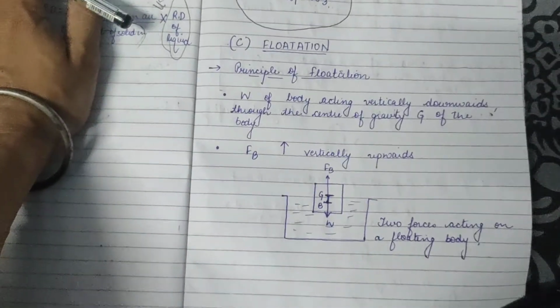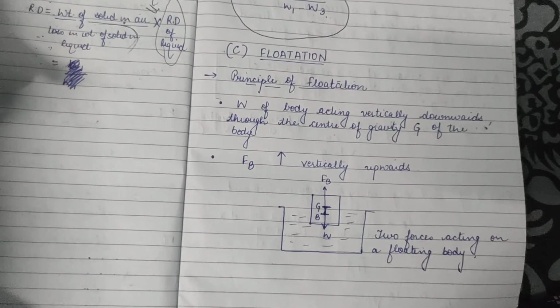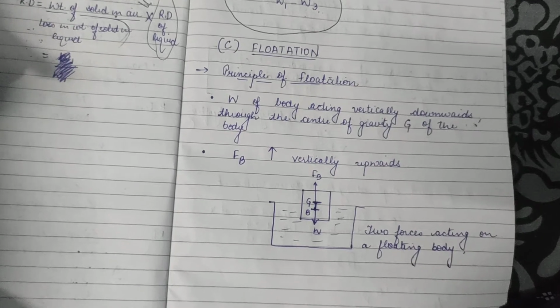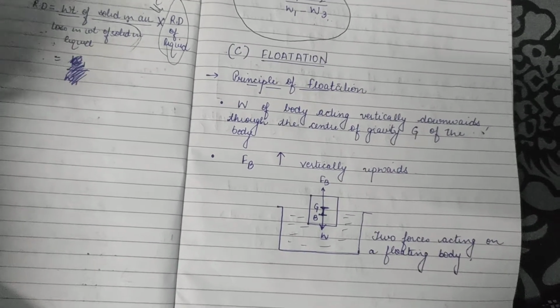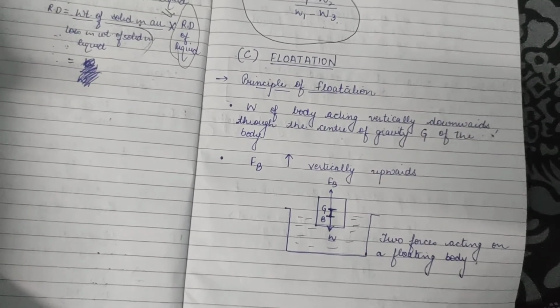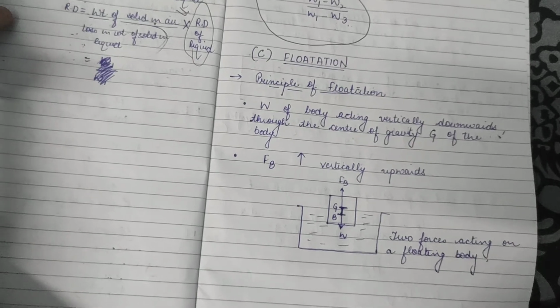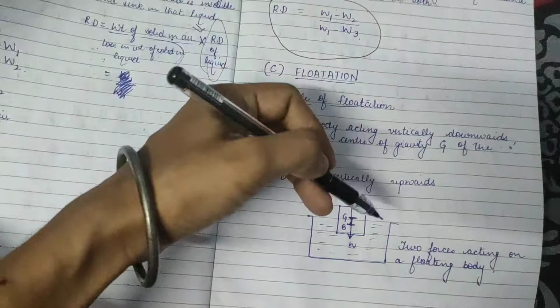The next topic, bacha, is flotation. We have done this topic already, but I am just discussing it with you. For the principle of flotation, we know that Fb is a force acting vertically upwards and the weight of the body is acting vertically downwards through the center of gravity. Now there are three cases.